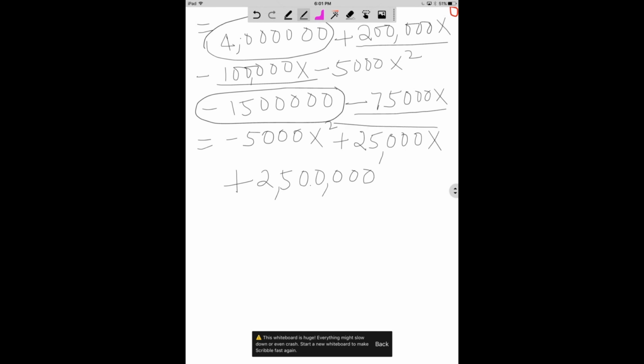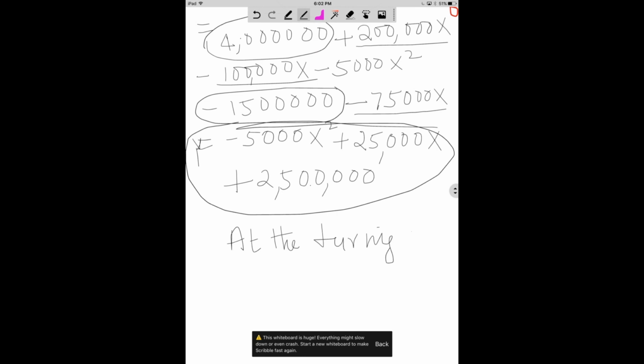The maximum should be at the turning point.